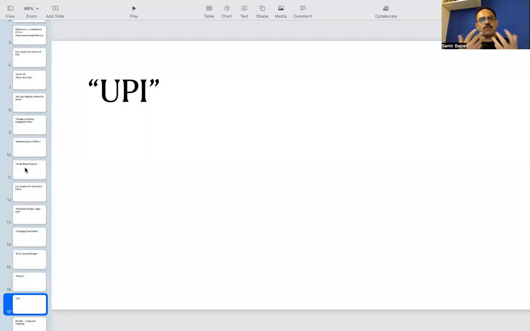Now, how will UPI help us in earning money in the stock market? Now, if you see UPI, there is a very interesting story for UPI. Okay, so be with me.